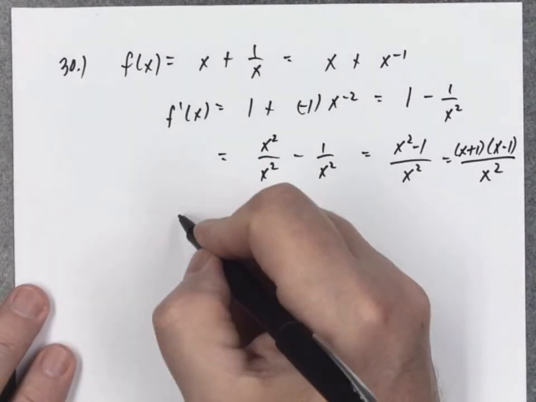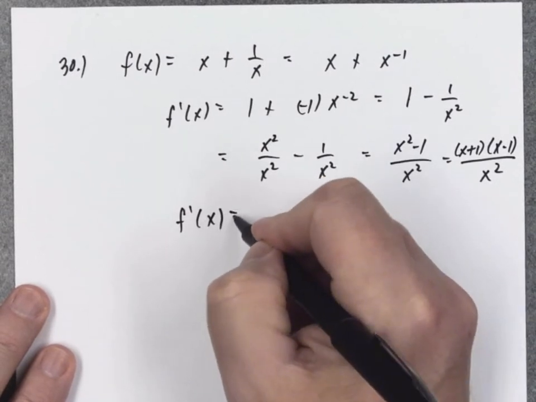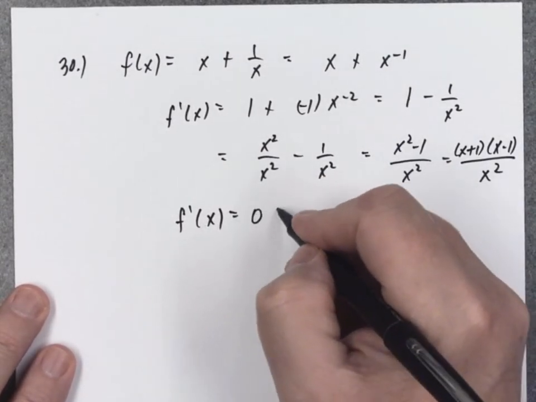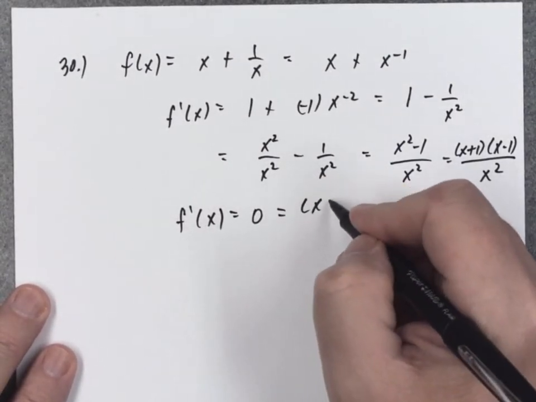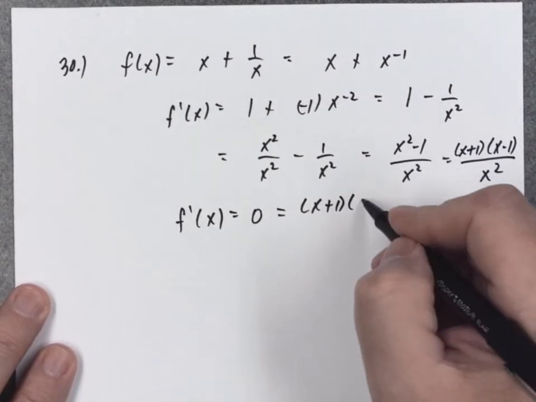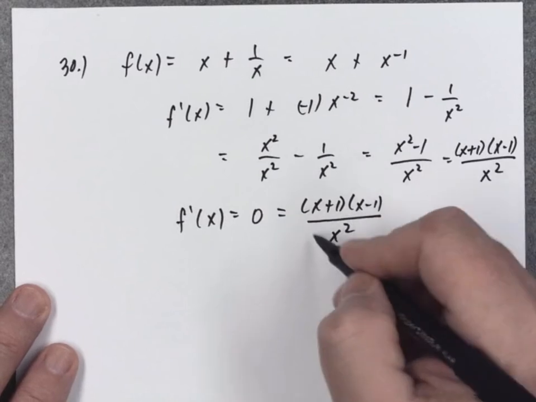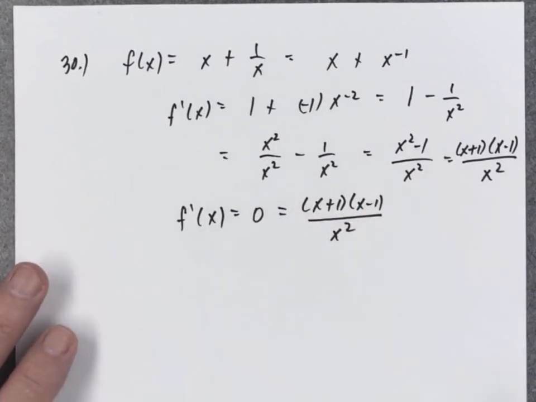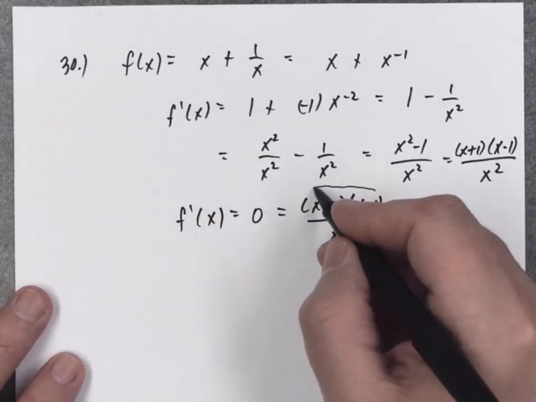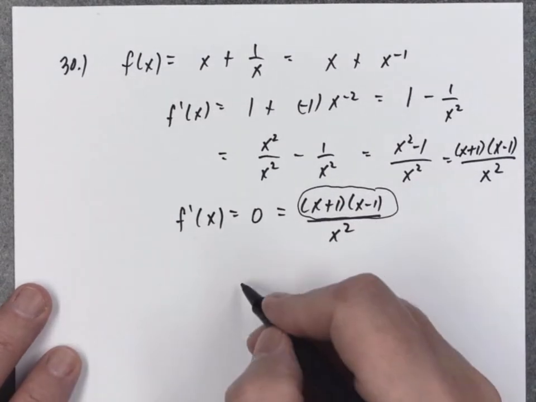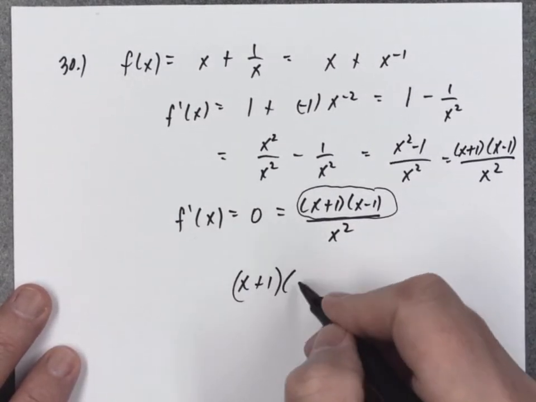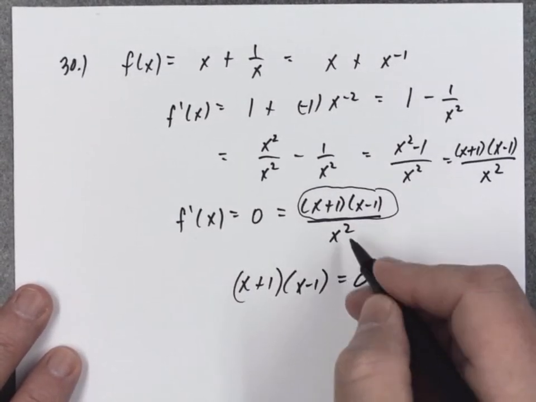So now, to find the critical points, I'm taking my first derivative, setting it equal to 0. Now hopefully I've mentioned it before. Whenever you have a fraction equal to 0, you simply take the numerator and set it equal to 0.